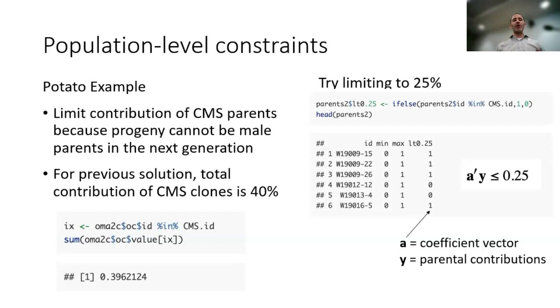I'm going to add another column, and the values in that column are a coefficient vector which, when taking the dot product with the unknowns, which are the parental contributions, I want to be less than or equal to 0.25. And it knows that that's what the header is. So you name the column LT or GT or EQ, depending on if you want it less than, greater than, or equal to whatever that numeric value is. And it just starts to add more and more equality or inequality constraints to the optimization.